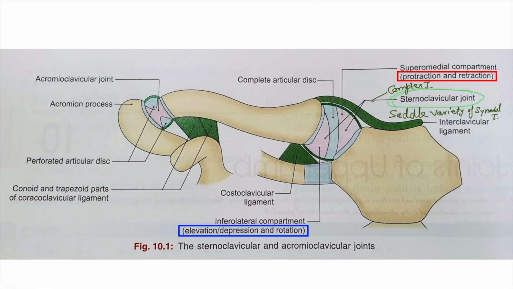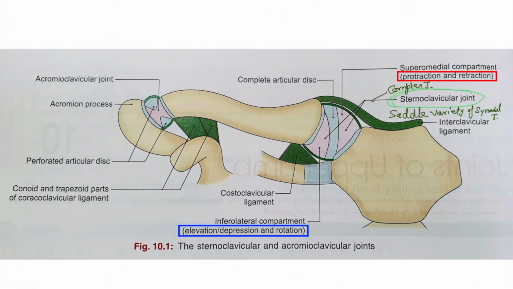How to remember this? Have you heard of the pump handle movement of the sternum for increasing the AP diameter of the thorax, which involves the upper 2 to 6 ribs? Because it's towards the sternal end, remember, protraction and retraction will happen in a compartment which is towards the sternum.